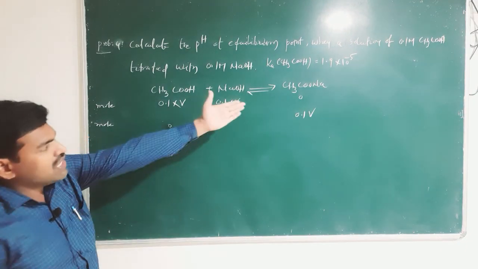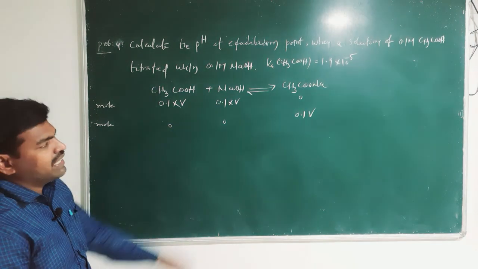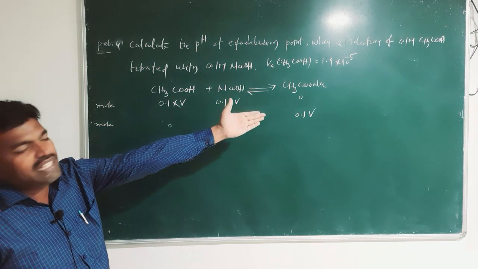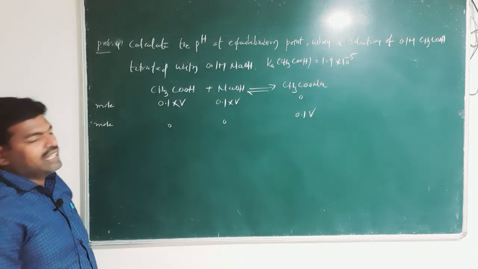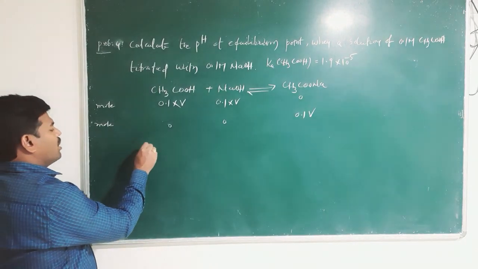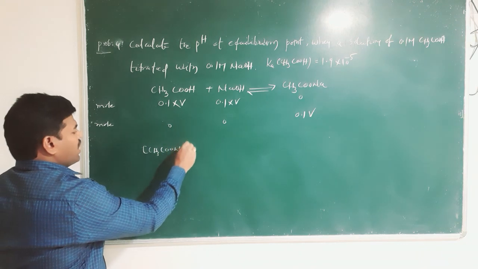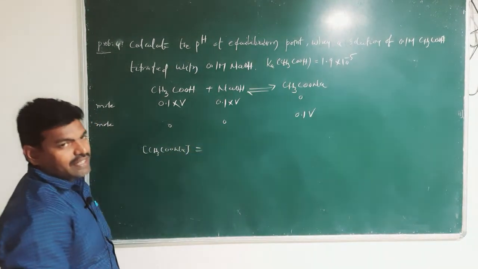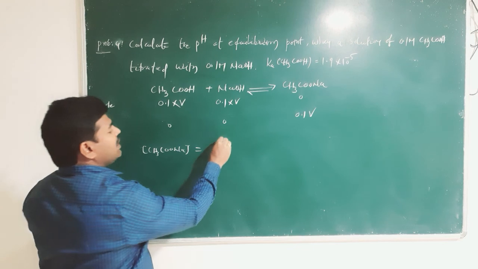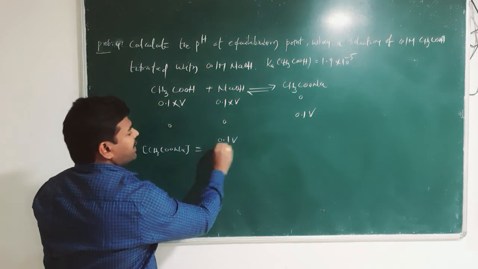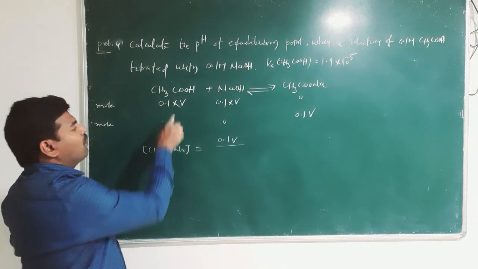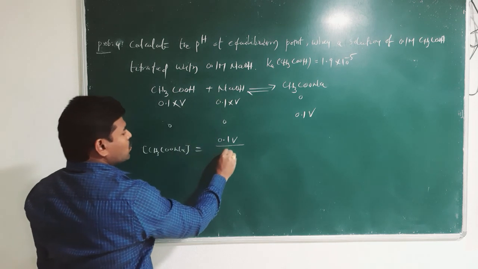How can we get the concentration of sodium acetate? Actually, there is a volume term to replace. The concentration of CH3COONa is the millimoles that we obtained divided by the total volume. Volume is V plus V, that is 2V.